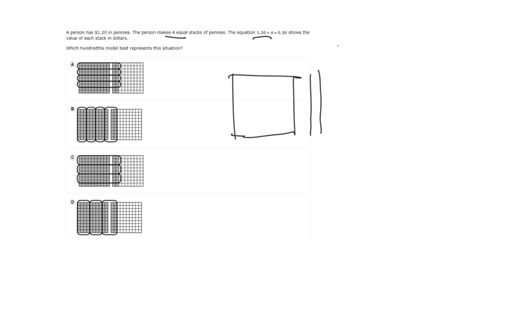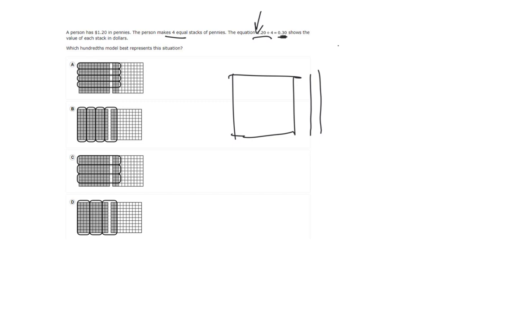Okay, here, if you notice, each one of these, the whole is the same, right? So you have one shaded in with 2 rods, one shaded in with 2 rods, one shaded in with 2 rods, one shaded in, and then you have your 2 rods right here, which basically says the $1.20. Now, what I want us to look at is this right here, the 3/10 or 30 hundredths.